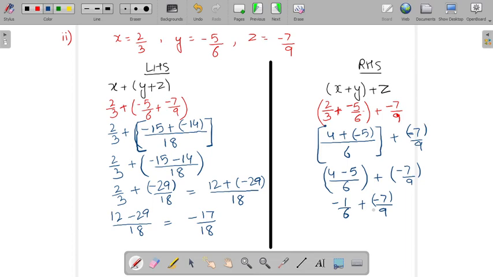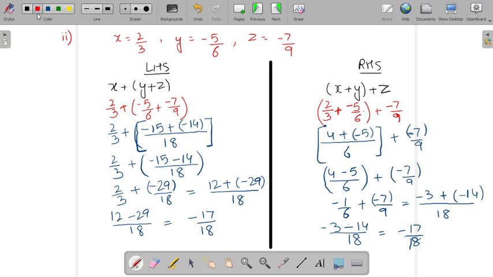Now what should be the next step? Take its LCM. So LCM will be 18, divide and multiply. So 2 minus 14, now -3 plus minus upon 18. So -17 upon 18.